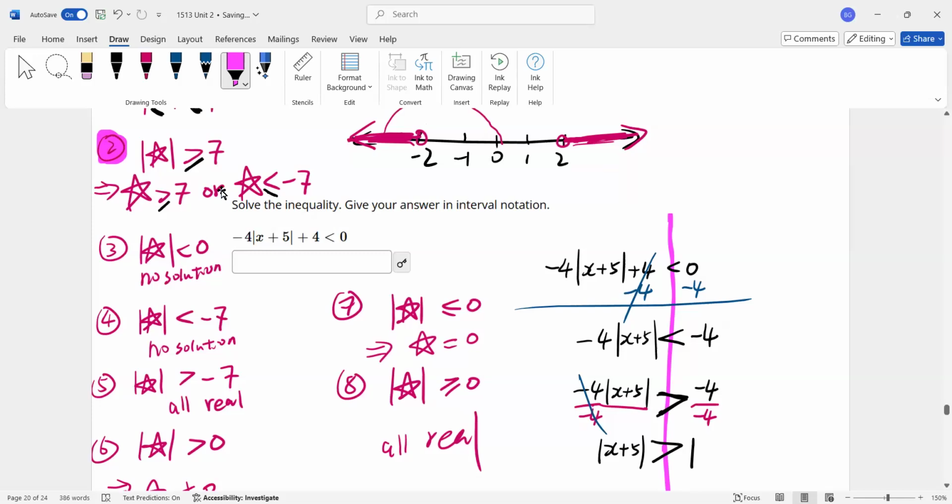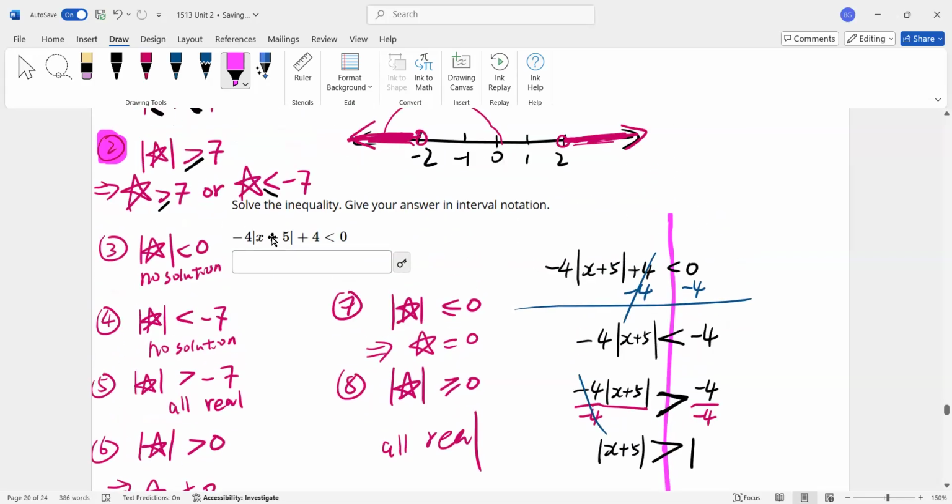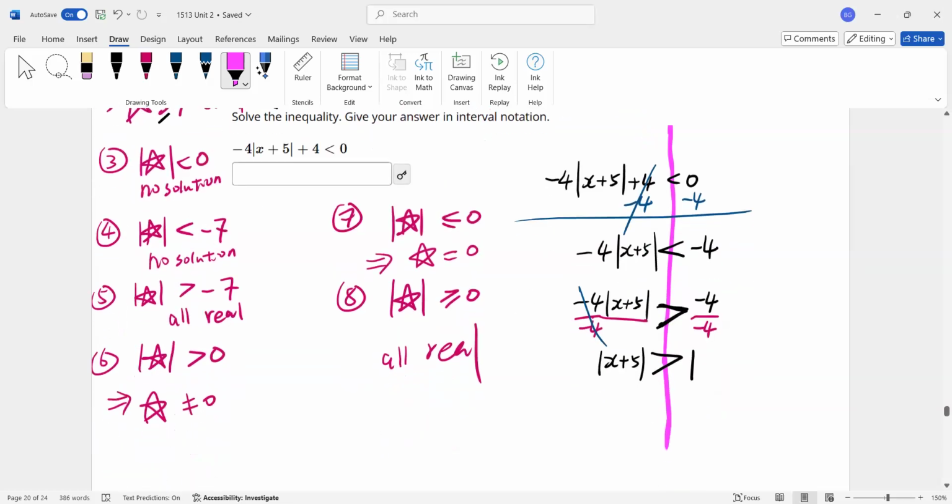Yeah, the second one, right? So how do we rewrite the inequality by removing the absolute value? Whatever is inside the absolute value, we have x plus 5 bigger than 1 or x plus 5 less than -1. Okay, that's how we get rid of the layer of the absolute value symbol.